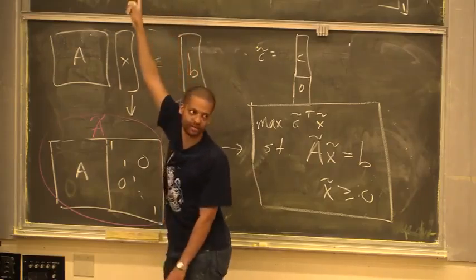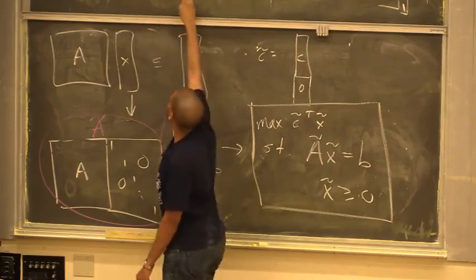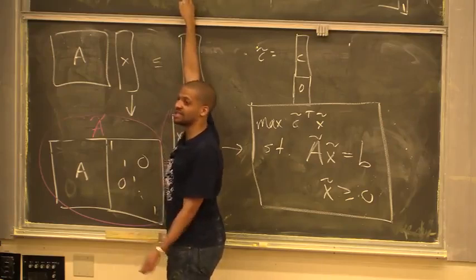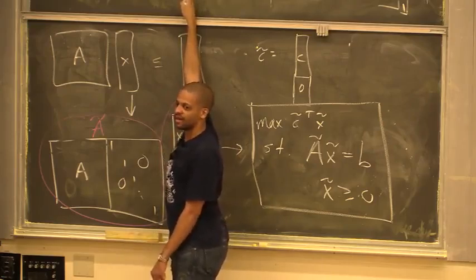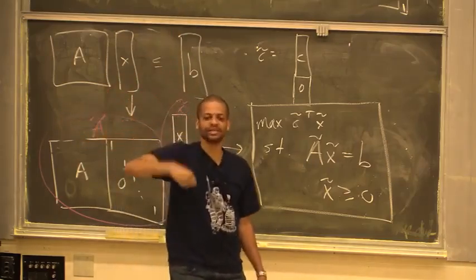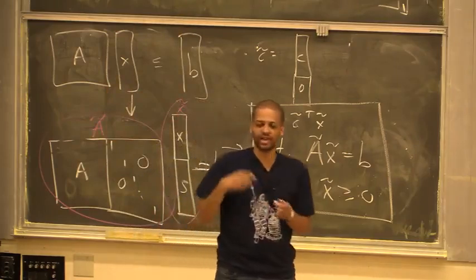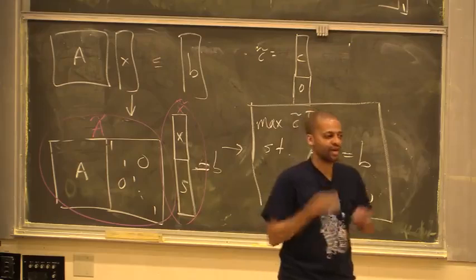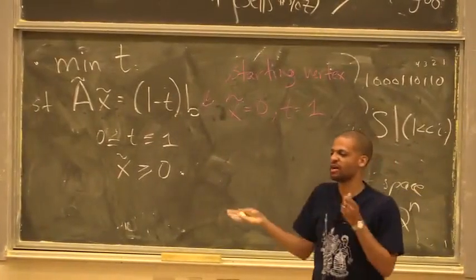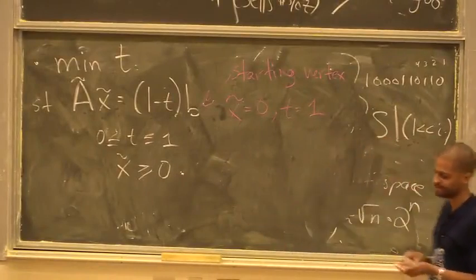I can just not care about the objective. And then if I'm able to find a point in this polytope, it means I found something whose value is at least Q. And then I can binary search on Q. I can basically repeatedly solve LPs, each time adjusting the LP by changing Q via binary search, and ultimately find the optimal Q this way. So I just wanted to say that those two problems are equivalent. Finding a point versus finding the optimal point are essentially equivalent up to binary searching.